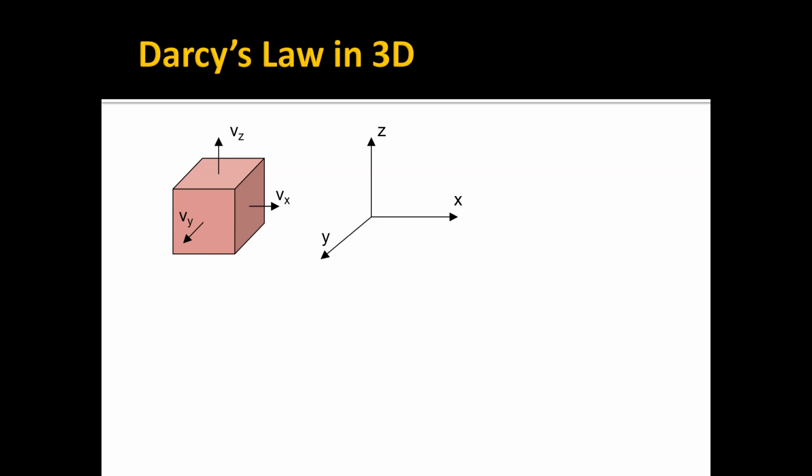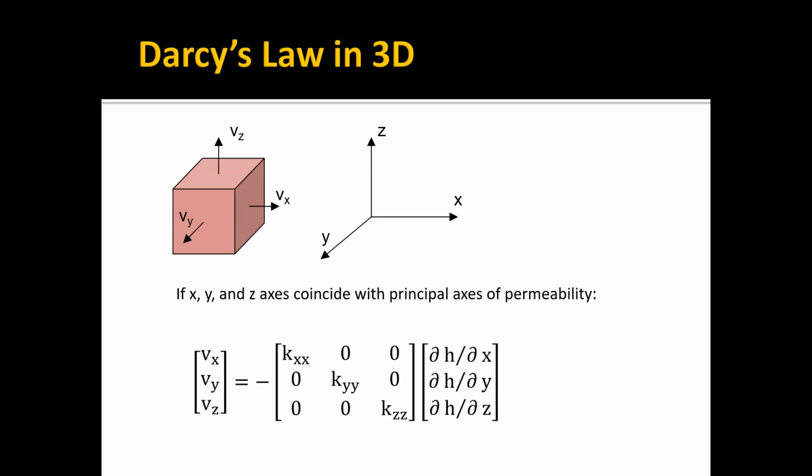Although it can be the case that the hydraulic conductivity is different in all 3 directions. But if the x, y, and z axes coincide with the principal axes of permeability, which happens if you have horizontal layering, that is true, because then x and y are Kmax and z is Kmin.